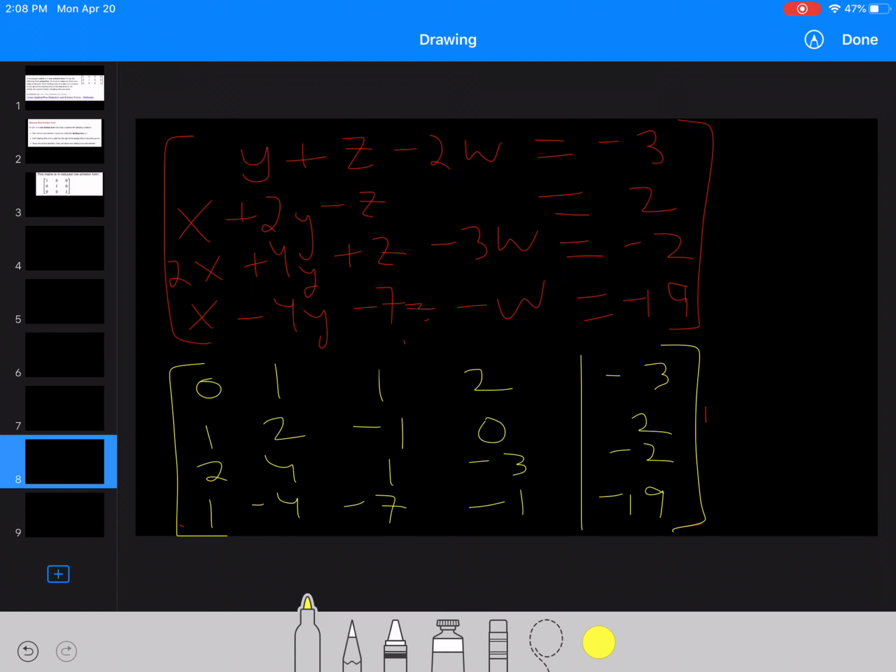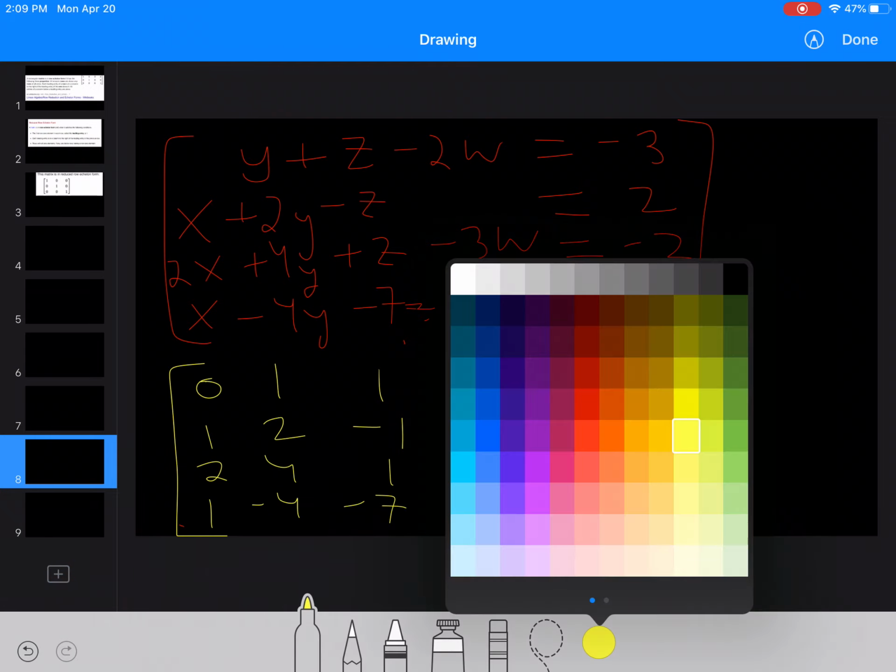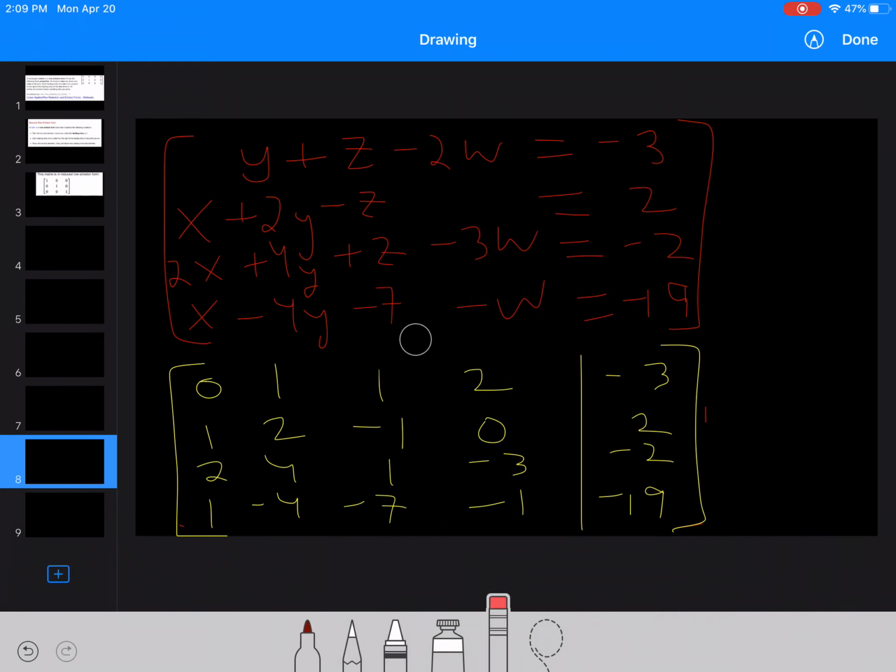Okay, so on top in red is a set of linear equations. We have 4 variables here: x, y, z, and w. Just on this last row, I'll make sure we have that clear.